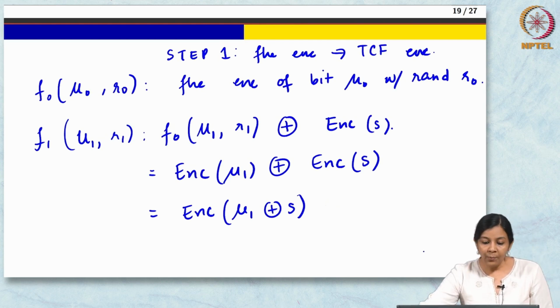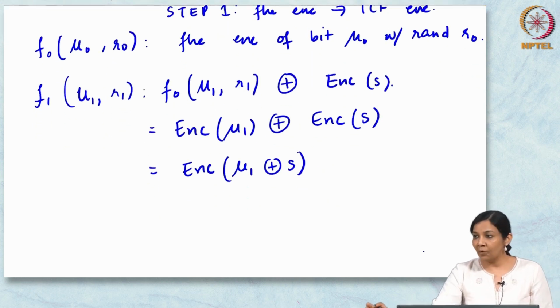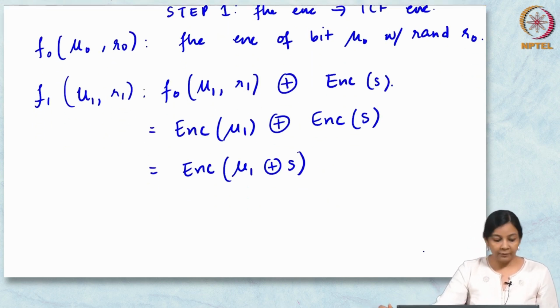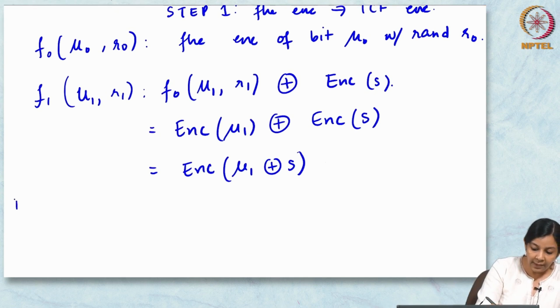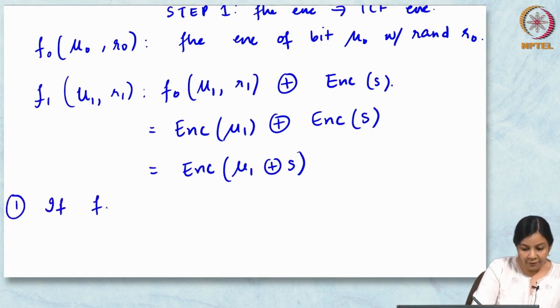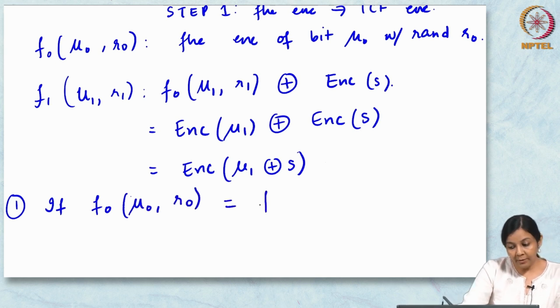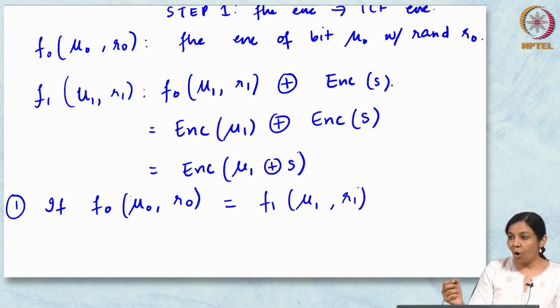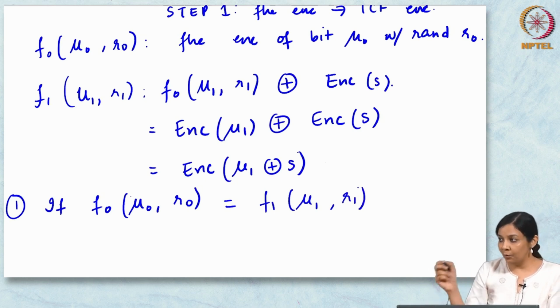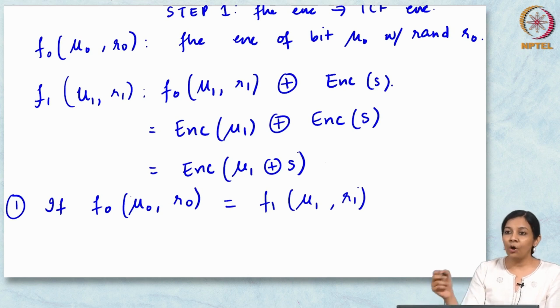Now I want to check the properties of the encryption scheme. The first thing I want to say is that if F0 of mu 0, r 0 is equal to F1 of mu 1, r 1, that is, if mu 0, r 0 and mu 1, r 1 are a claw, then I want to claim that mu 0 XOR mu 1 should be S, so that it is a TCF encryption.